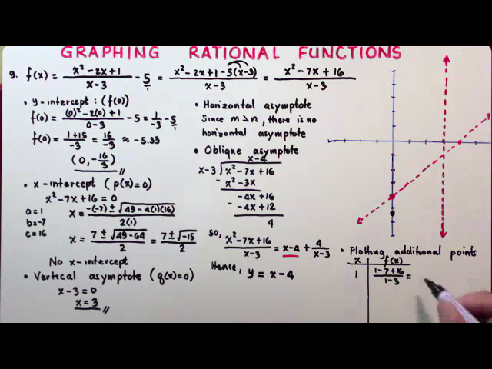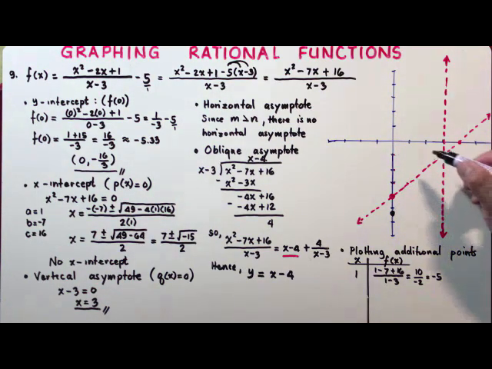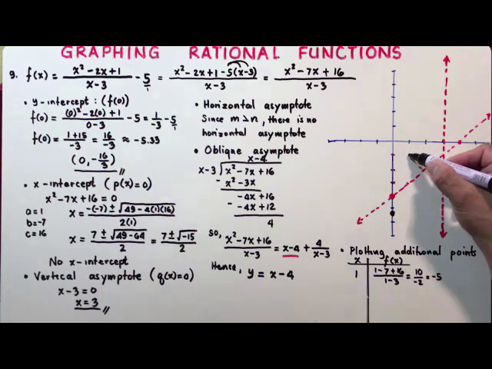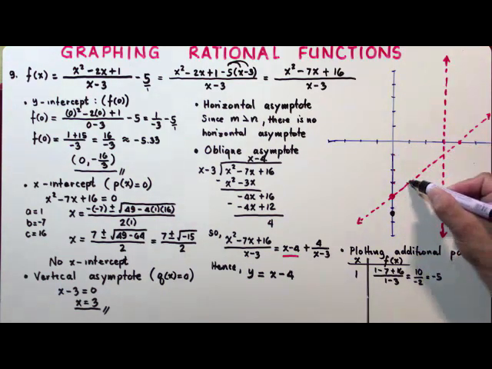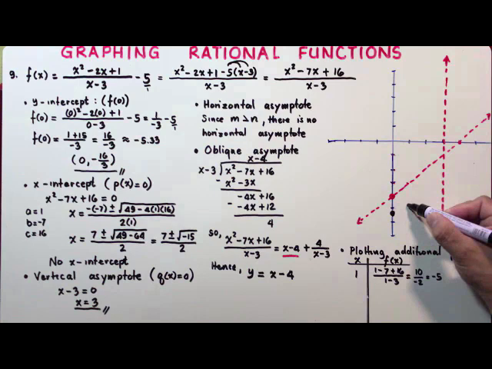The sum is 10. And 10 divided by negative 2 is equal to negative 5. So plotting this point, if your x is 1, y is negative 5. So 1, negative 2, negative 3, negative 4, negative 5 is here.